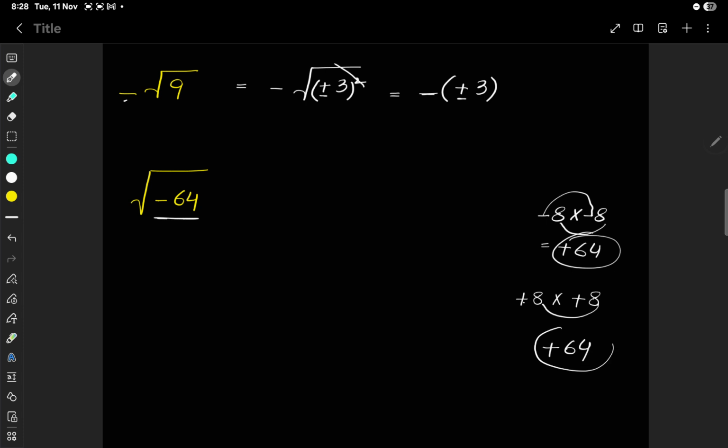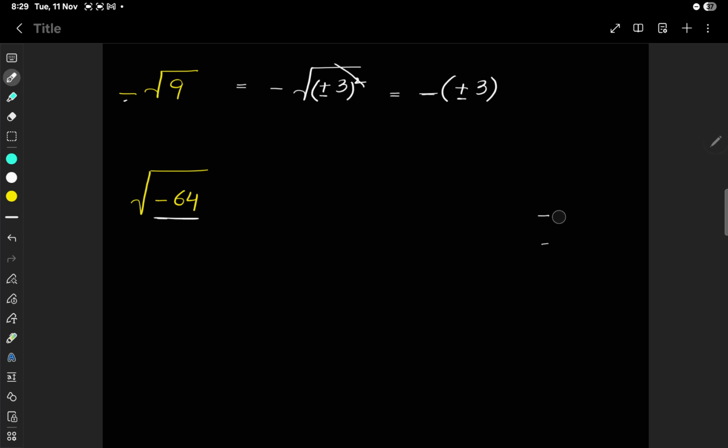In both cases, even if we take minus 8 square, or even if we take plus 8 square, the final answer is plus 64. So how will we get this minus 64? Minus 64 is not the square of any number, right? So this means the square root of this number is not possible, because the inside number is not the square of any number.